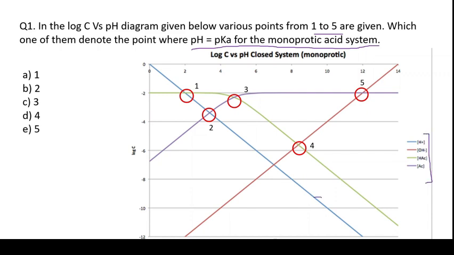This one is H plus, this one is OH minus, this one is HAc, and this one is Ac, acetate ion.